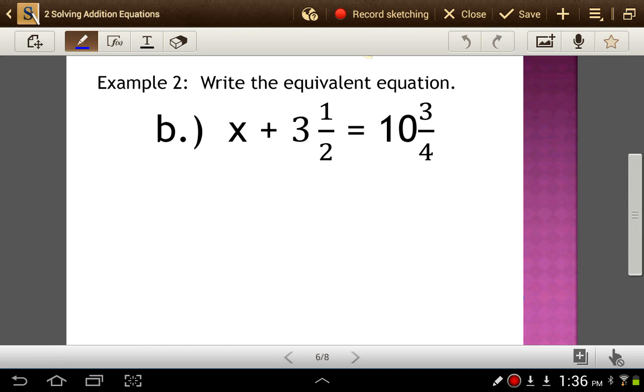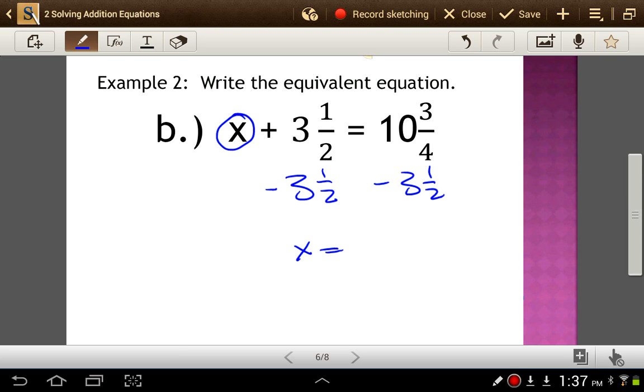In problem B, we have x plus 3.5 equals 10 3/4. Here's my variable; always locate your variable. I'm adding 3.5, so to undo that, I'm going to subtract 3.5 from both sides. 3.5 minus 3.5 is 0, which leaves me with x equals.